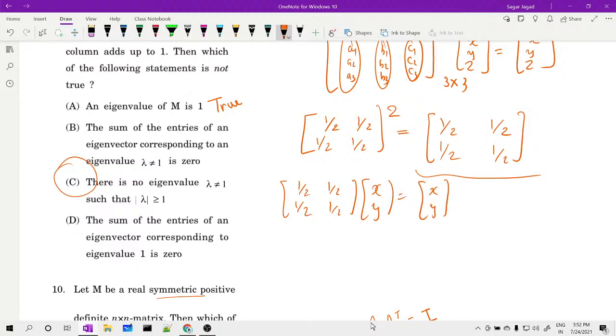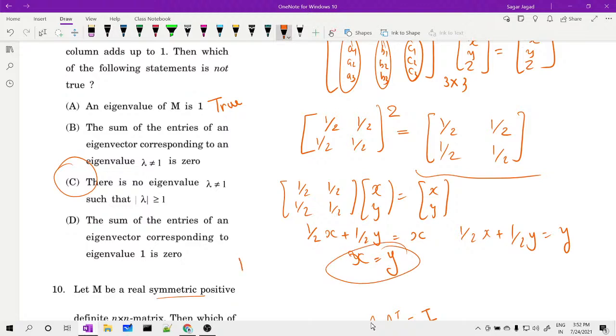So that is half x plus half y, half x plus half y is equal to x. If I take it to the other side, I get x is equal to y, correct? And in the other case also, if I consider half x plus half y is equal to y, then x is equal to y. We get it. So 1 comma 1 is one of the eigenvectors, right?